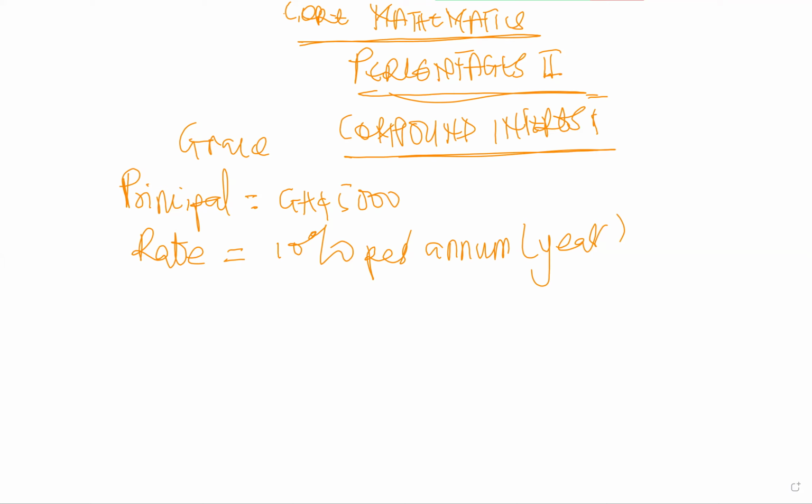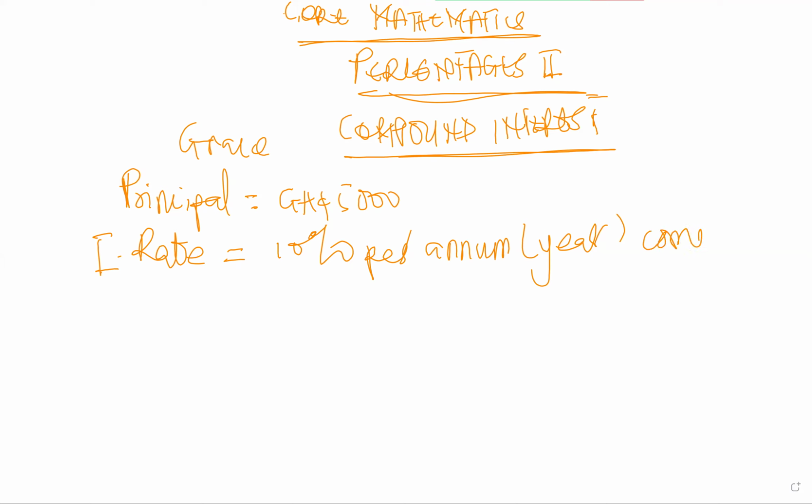So when Grace took the money to the bank, they said, if you're willing to keep it with us, after every year we'll give you an interest of 10%. So that's their rate. We can write that with I, so you know it's interest, and then the rate: 10% per annum compound.